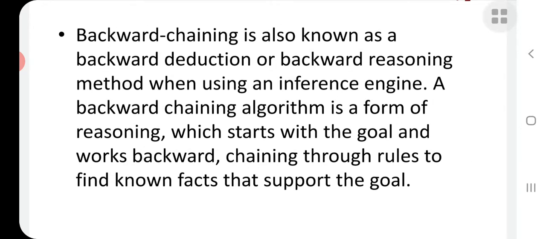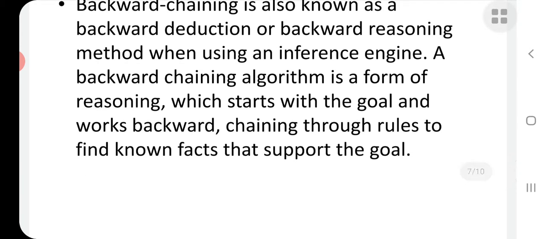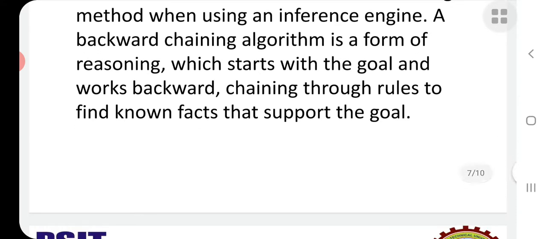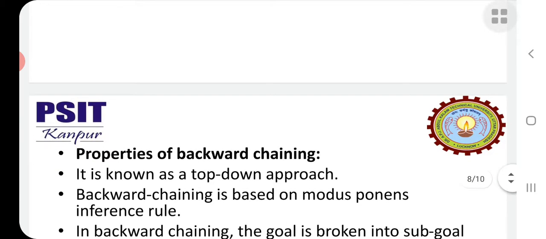But in backward chaining, it starts with the goal, that means the final state, and works backward, chaining through rules to find known facts that support the goal. Forward chaining starts with a known fact and chains through the rules.